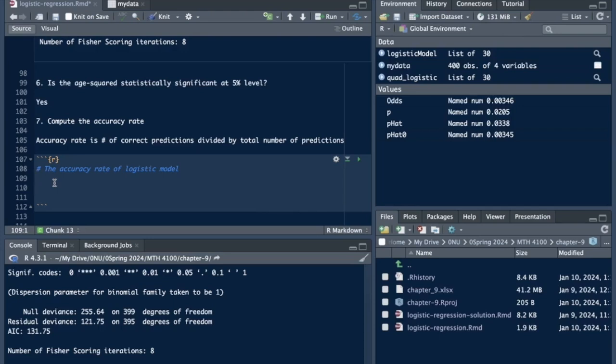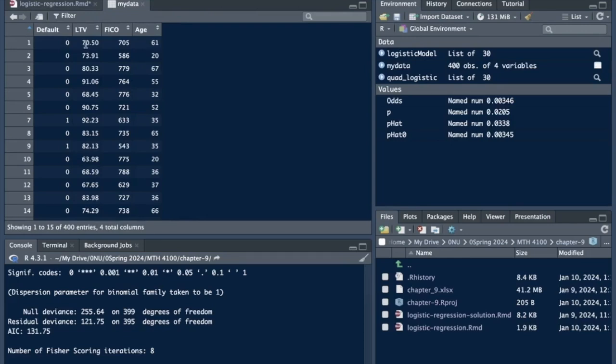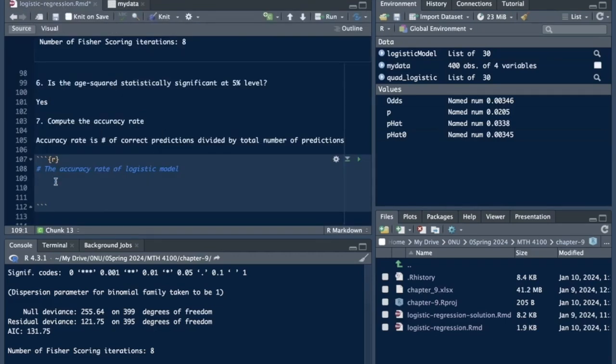But I have to show you first what I'm going to do in the data. So now we have LTV, FICO, age. These are predictors, and we're trying to predict the default, right? If a person comes to you with these scores, what is the predicted probability for him to default? So I'm going to add another column that contains the probability. Does that make sense?